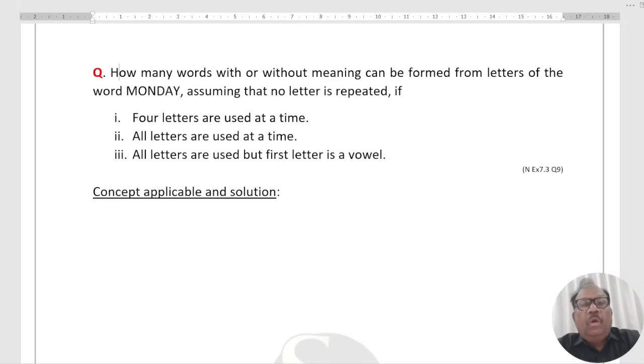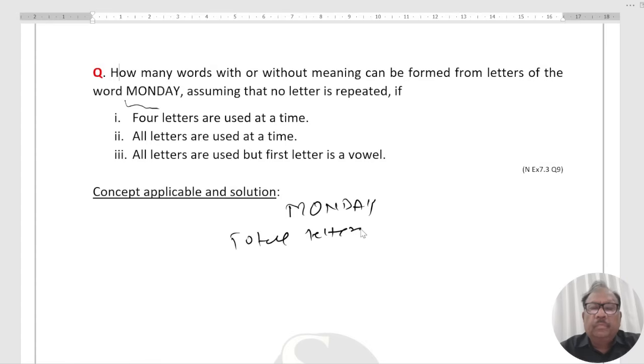Next question. Question is how many words with or without meaning can be formed from the letters of the word MONDAY, assuming that no letter is repeated. Given word is Monday. Total letters: M, O, N, D, A, Y, 6 letters.